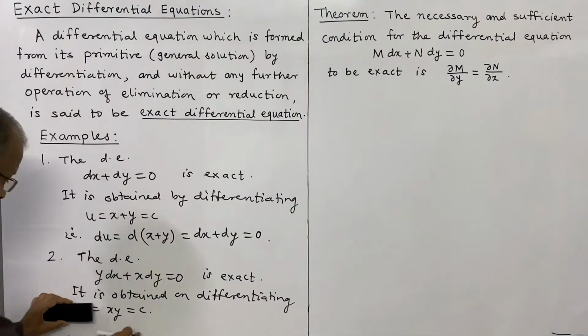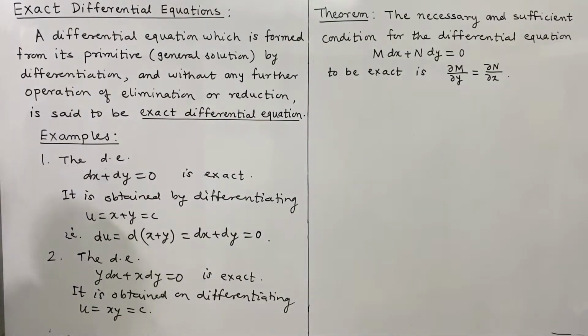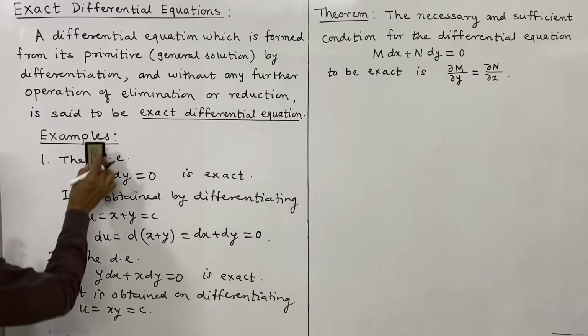Now what is the derivative of xy? You must note that this differentiation is total differentiation. It is a function of x and y, and we have to consider the total differentiation.